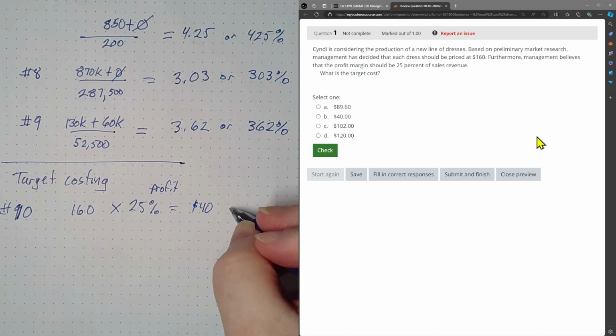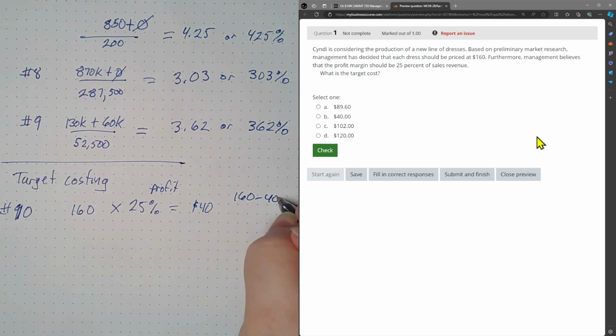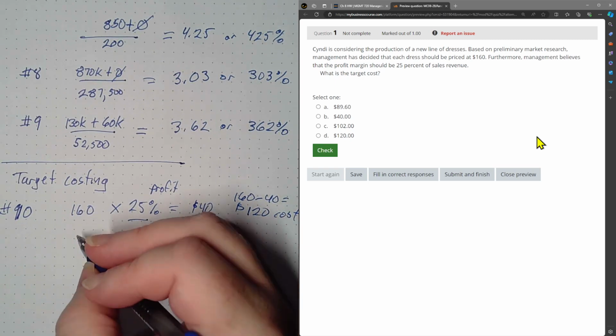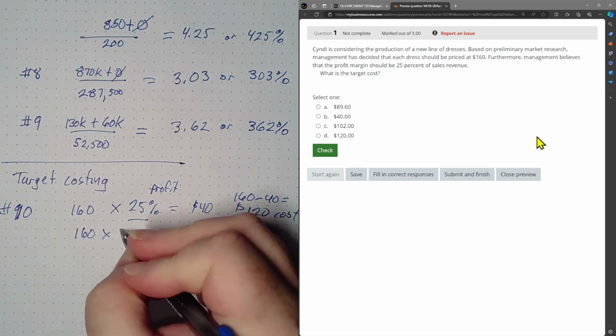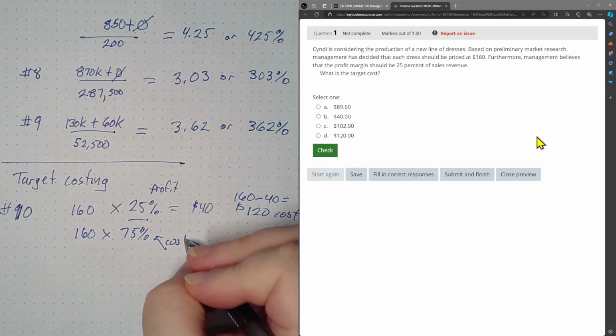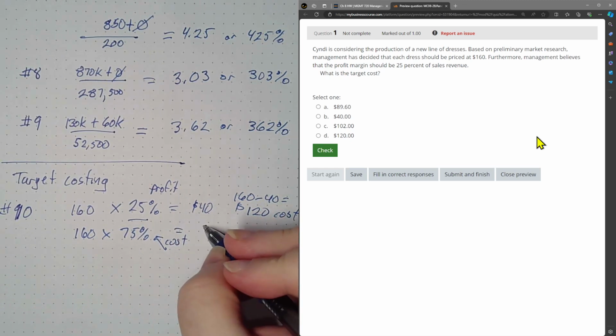And so you would take 160 minus 40 would equal 120 is the cost. Or you can recognize if that's the profit, you could just go directly say times 75% is the cost, right? And that would also be 120.